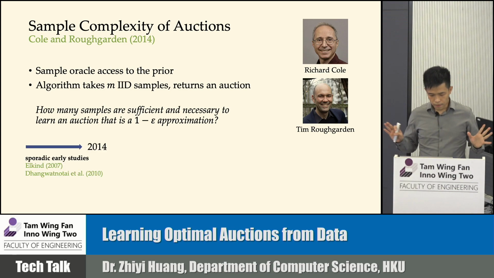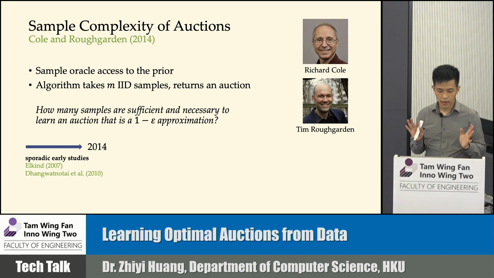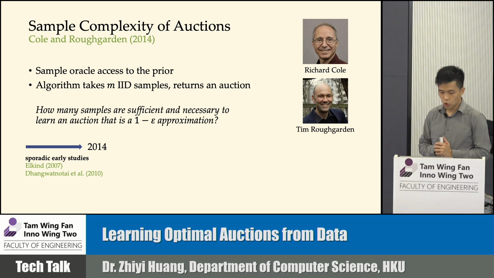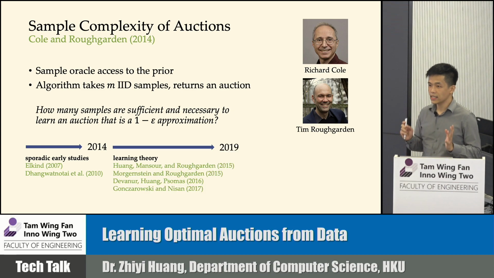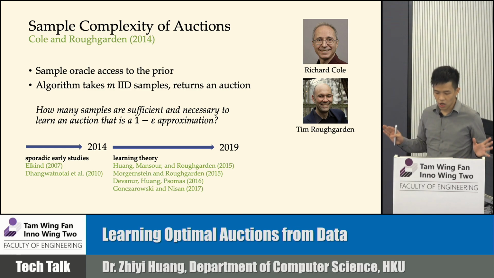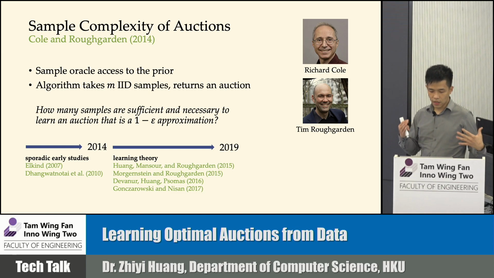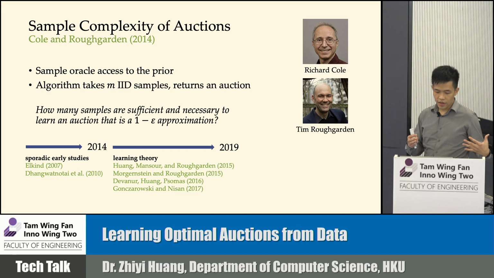Even before they formulated this question, there were some sporadic early studies before 2014. But after that, this led to hundreds of papers on this topic, and I cannot list all of them. Here, I just list a few that I consider most representative. In the first 5 years after they raised this question, researchers studied this through the means of learning theory.